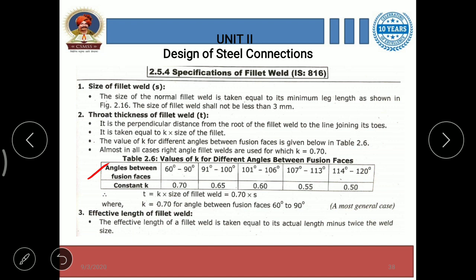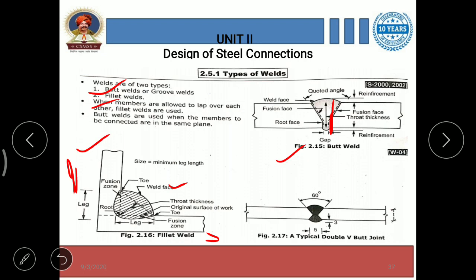Remember all these terms; you have to know them very well while designing welded connections. So the throat thickness of fillet weld, denoted by small t, is the perpendicular distance from the root of the fillet weld to the line joining its toes. Here in this diagram, the throat thickness is shown.